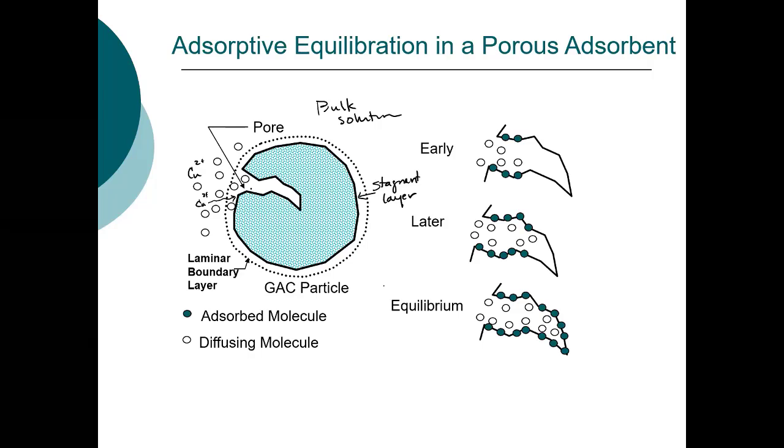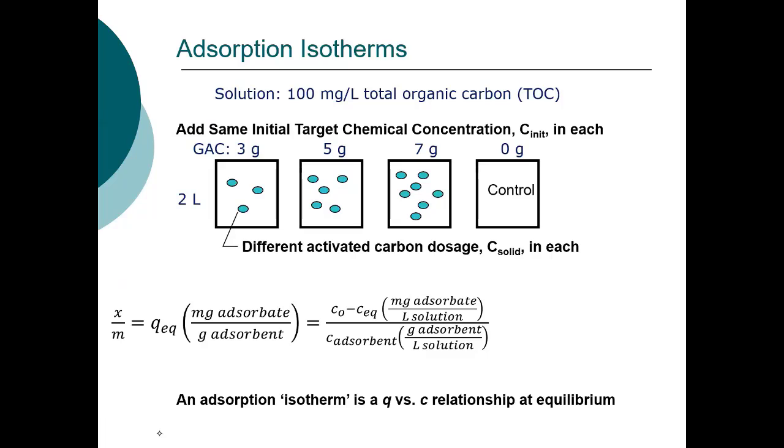They then have to diffuse into the micropore. So you can see that here. And what this attempts to show is that at equilibrium, we have these, in this case, we'll think of these as copper ions. The copper ions sorbed to the solid surface, and the open circles are the copper ions that are still in solution.